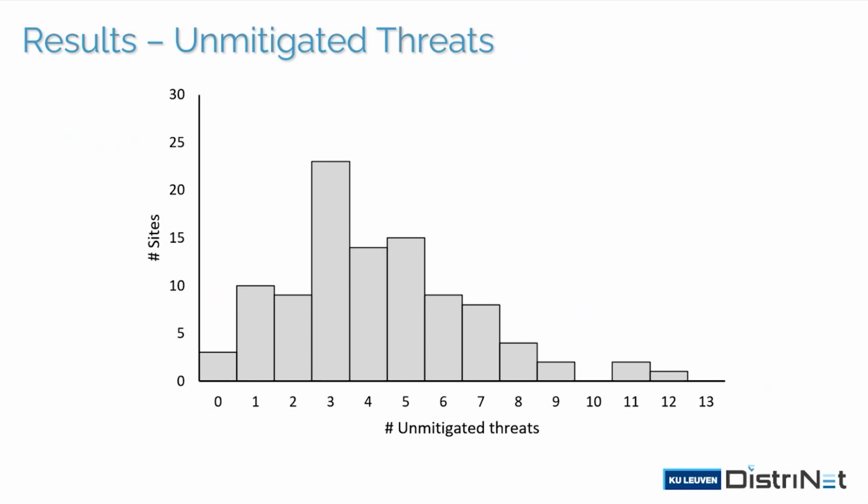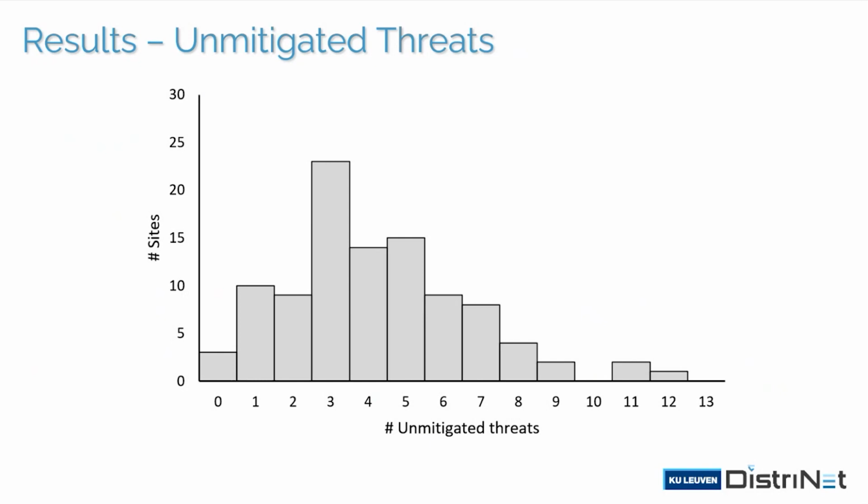Because this means that they are, in principle, ready to be exploited, right? And actually, we only have 3 websites out of the 100 we tested that managed to get not a single unmitigated threat. So that have at least some form of protection against all the threats in the OAuth framework.